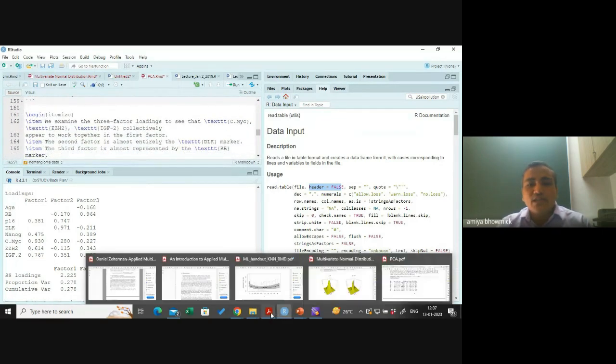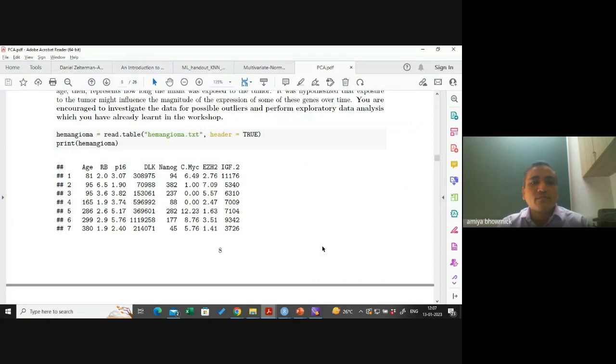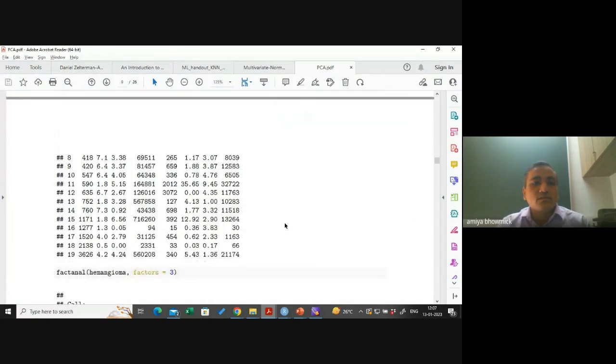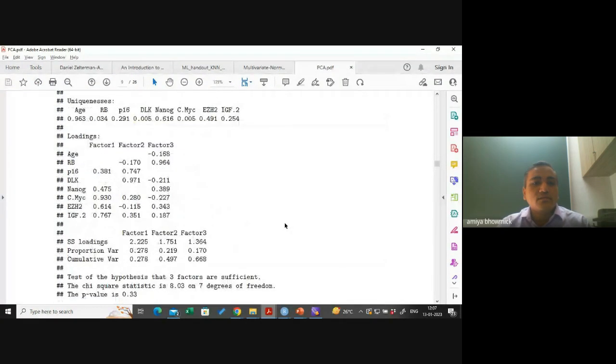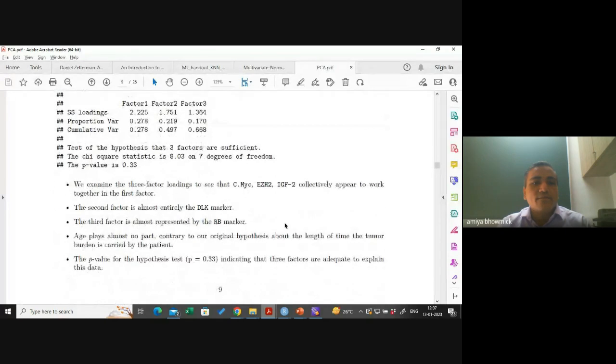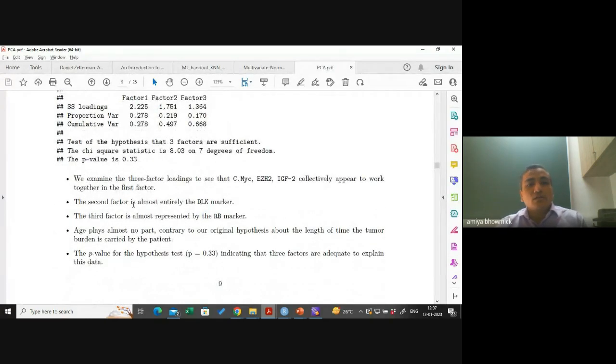So what we basically get from this is that we examine three factor loadings over here. How many factors to be given will be in your hands, right? Whether the consideration of three factors is sufficient or not can also be checked.